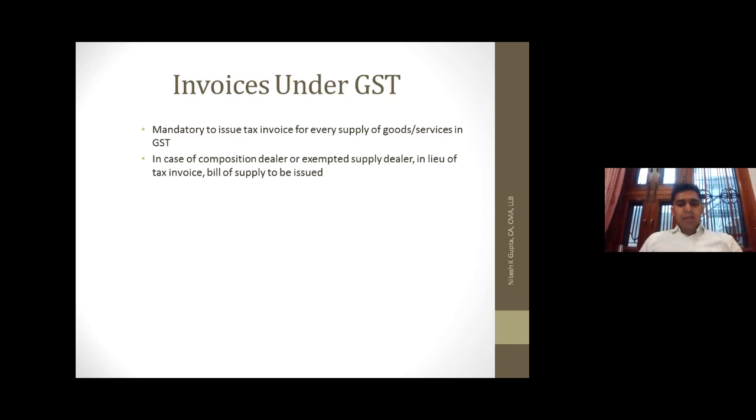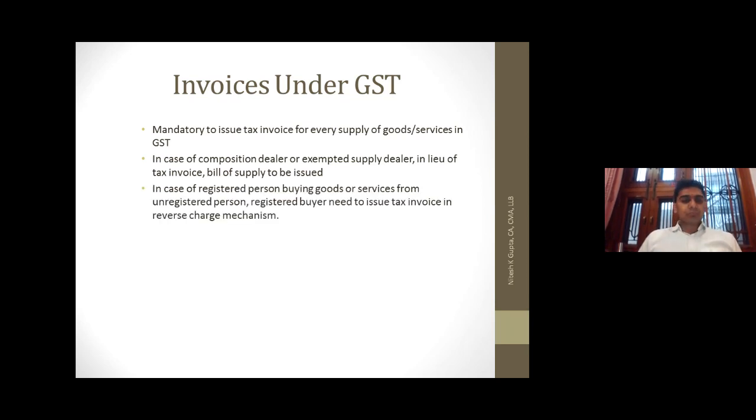So even then an invoice will be issued, but the name of the invoice will be bill of supply. So if you are a regular GST dealer, you have to issue the tax invoice for every supply. For a composition dealer and exempted supply dealer, you must issue a bill of supply.